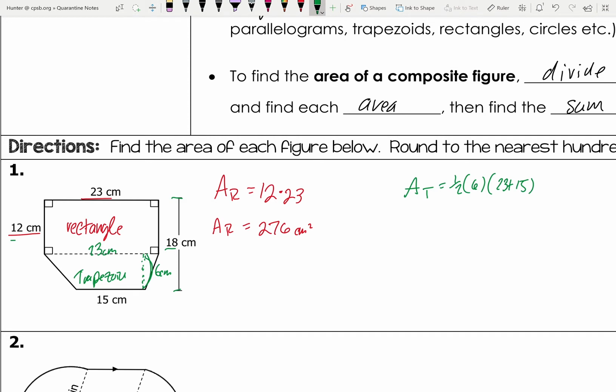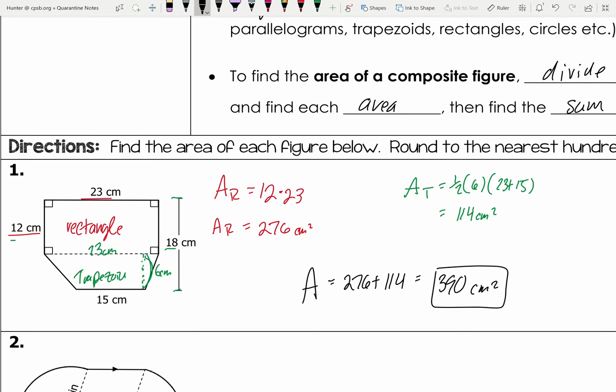Plugging that into my calculator, I get 114 centimeters squared. So my whole composite area, which I'll just leave as A for area, is equal to 276 plus 114 for a total of 390 centimeters squared. And that's that.